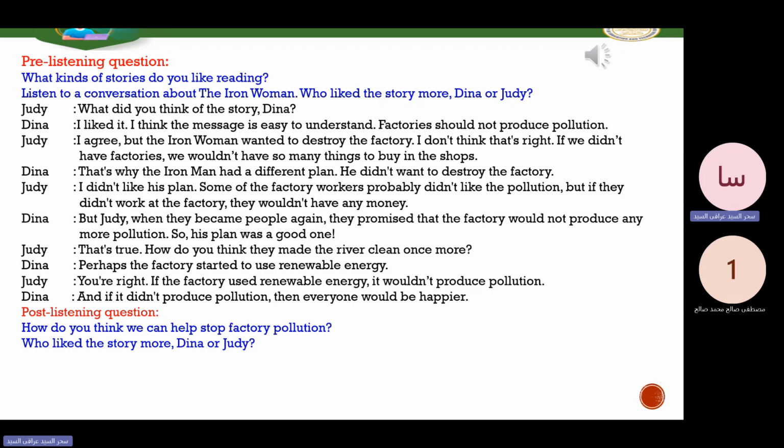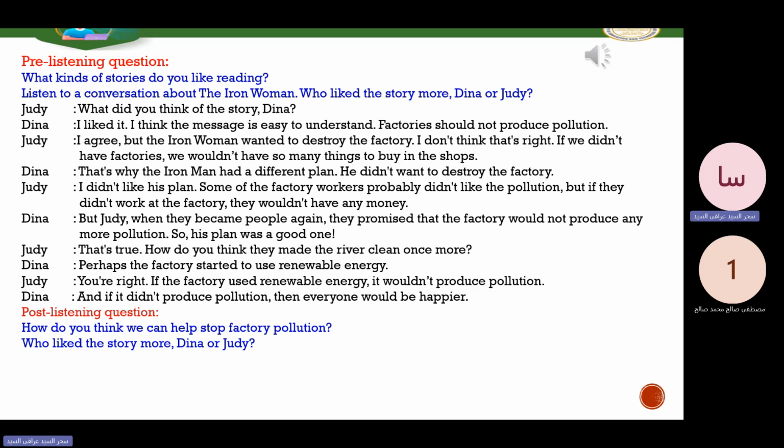If we didn't have factories, we wouldn't have so many things to buy in the shops. That's why the Iron Man had a different plan. He didn't want to destroy the factory. Yes, some of the factory workers probably didn't like the pollution, but if they didn't work at the factory, they wouldn't have any money.